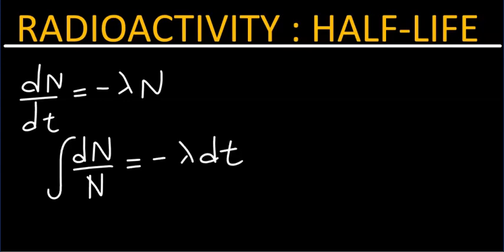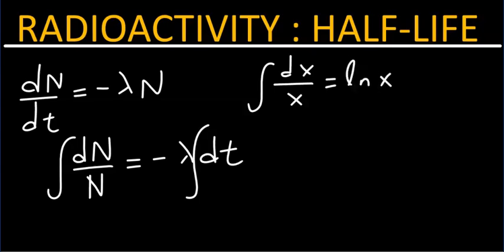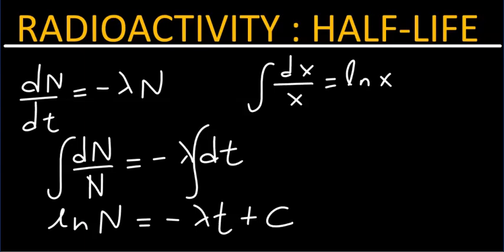And let's integrate both sides. Now this is a constant, it can be taken out of the integral sign. Of course, the left hand side, it's like integrating 1 over x with respect to x, and the answer is natural log of x. So you get the natural log of N. And the right hand side is minus lambda t plus an integration constant, let's call it c.